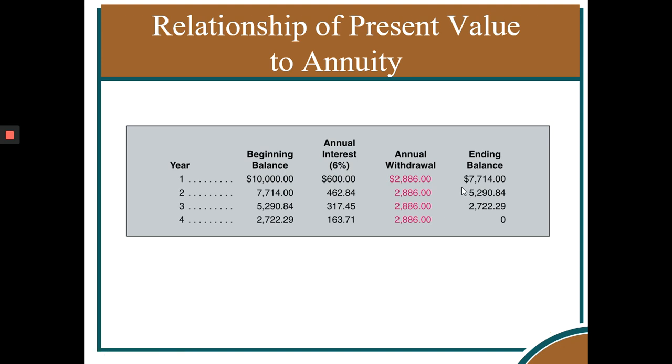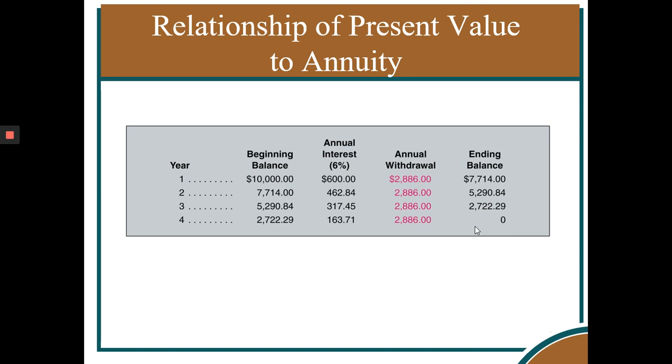So in year 3, again interest, you withdraw this amount, and you have an ending balance of 2,722.29. Again, in the fourth year, you get interest on the remaining balance, which equals the amount you're withdrawing. Therefore, at the end of the year, you have zero balance.